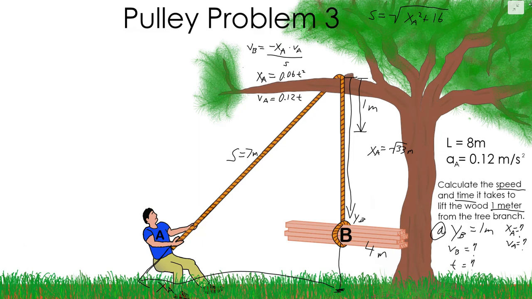Okay, now that we got all cleaned up, we're back at it. So we have the equation for vB over here, and then we have our equations for vA and xA, just from our acceleration and everything. We still have the xA amount, so we're going to use that right this instant.